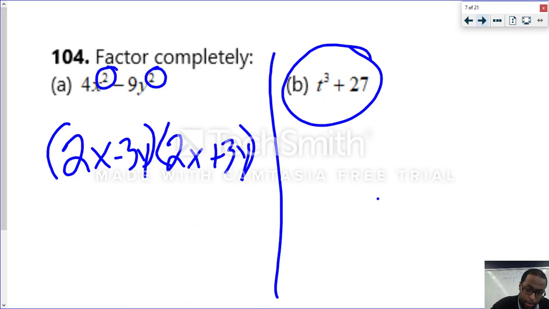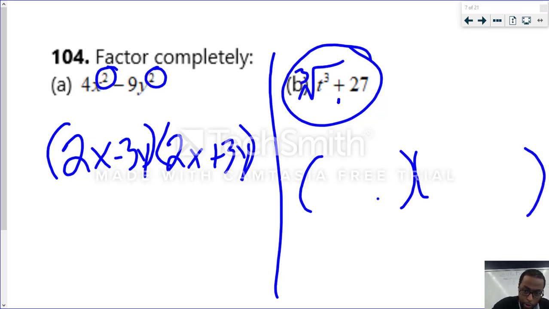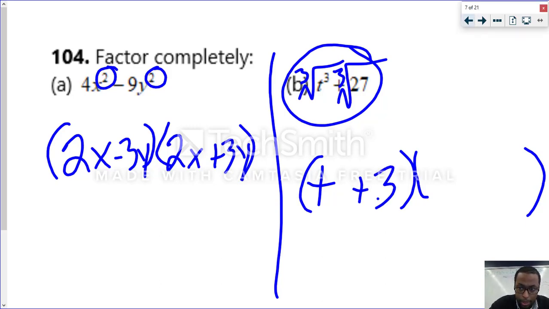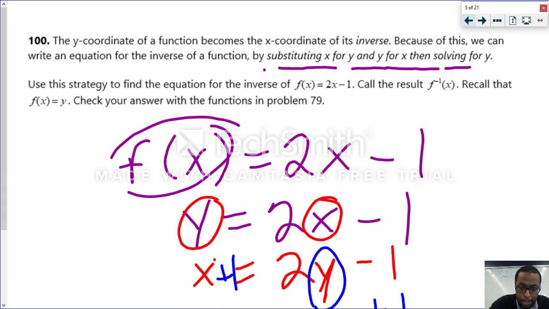So, again, got my thing right here, and then I got my thing right here. A plus B, again, I'm going to cube root this. I'm going to cube root this. For time purposes, we know this is going to be t, and the square root of 27, which we've done already, is going to be 3. Okay, and then I'm going to follow the formula as I see it.